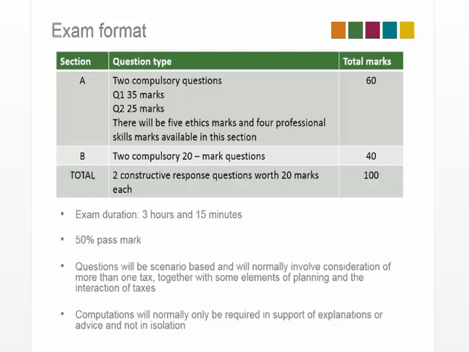So your A questions do tend to focus on a scenario and pull everything together for the one scenario, whereas your B questions, you might find that requirement A, B and C are about almost 3 completely different tax topics as you look at them. This is where I feel you get more breadth across the syllabus and that the examiner is able to choose more separate areas to check that you understand those separate areas.